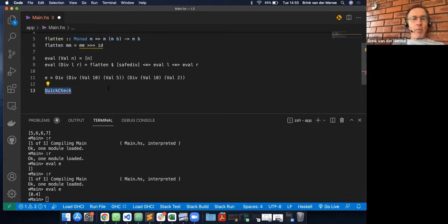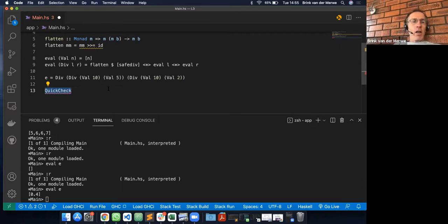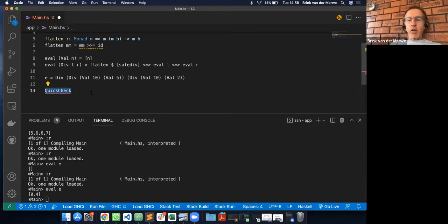So once the type checker is happy and you just want to make sure semantically that your program is doing what it's supposed to do, instead of writing unit tests, you specify a certain property.